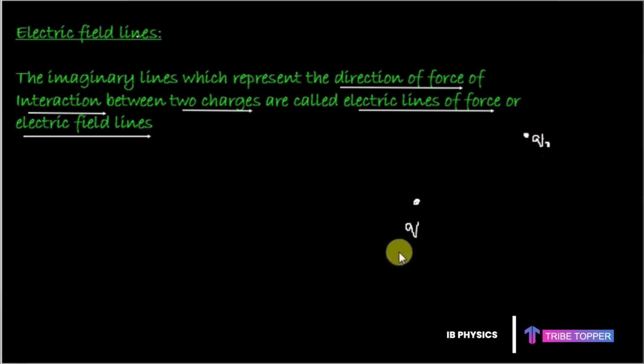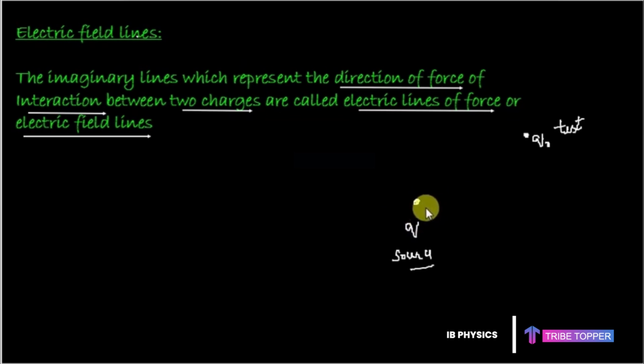So this is the test charge and this is the source charge. The source charge is the one which produces the field, and the test charge is the one which experiences that field or force. The direction of this force can be represented by the imaginary lines, and those imaginary lines are known as the electric field lines or the electric lines of force.